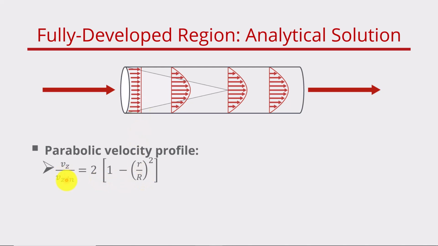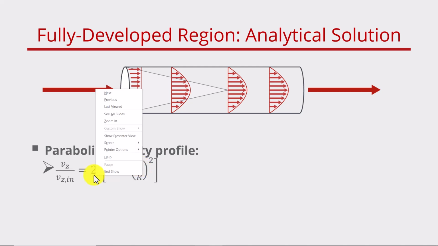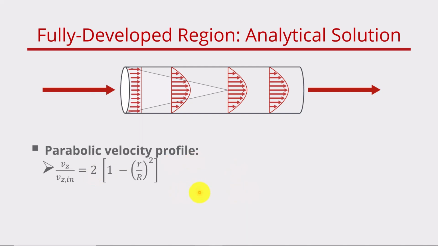For instance, if the inlet velocity is 1, what this says is at r equal to 0, that is on the axis, it has to be 2. So the maximum velocity will be 2.